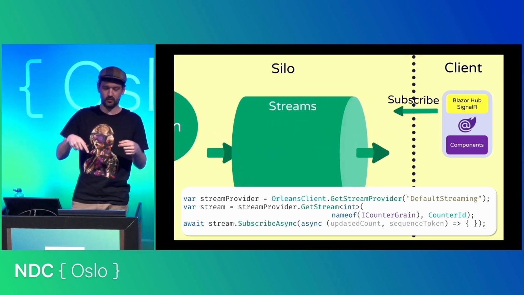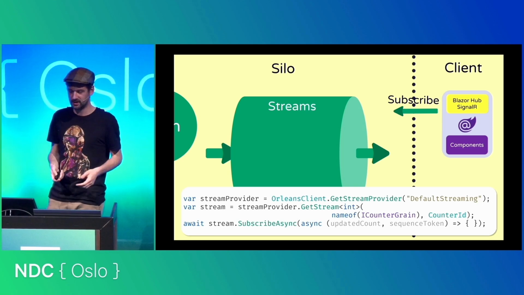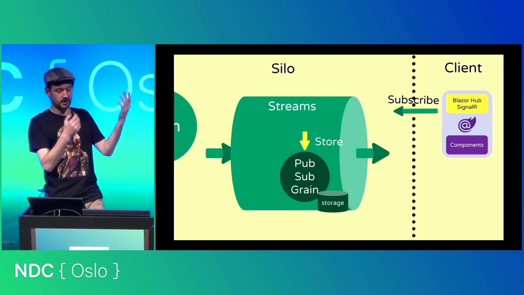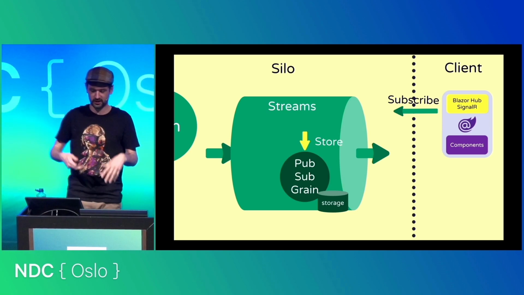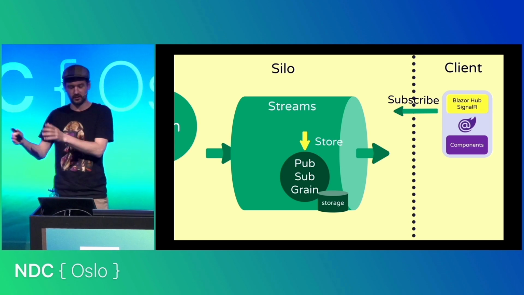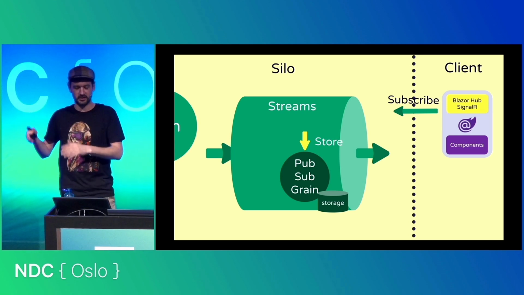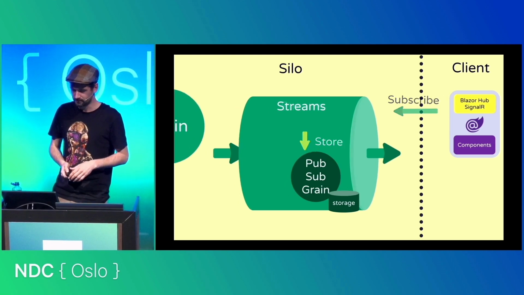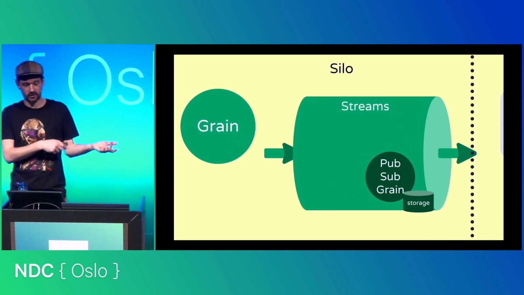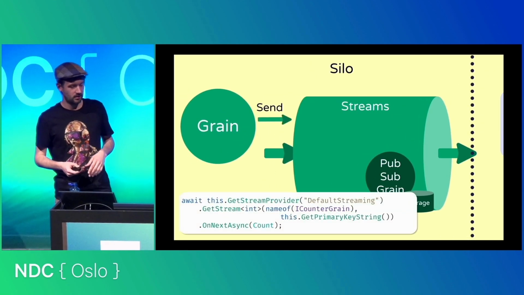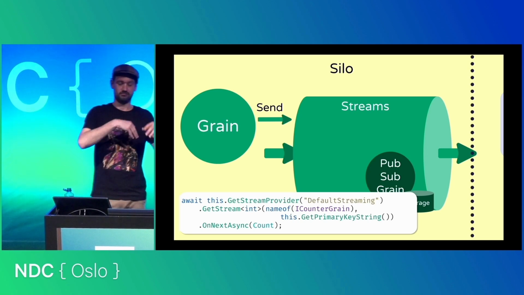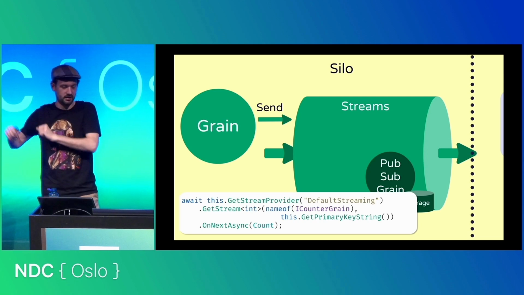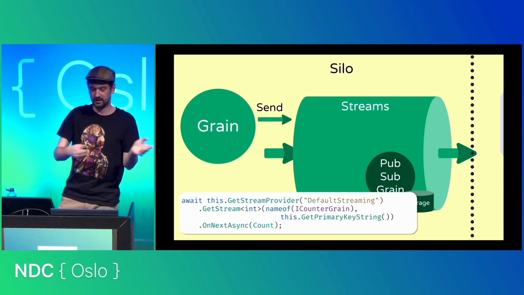What will then happen within the stream implementation is your subscription will be stored in a pub/sub grain, or another grain internal to the streams, and it will store it in storage, so it keeps track of whether that subscription is still there. So you don't have this expiration going on. Then when the grain wants to send a message, it also gets the stream provider, and with the same namespace and ID, basically says on next, and then it will send that.